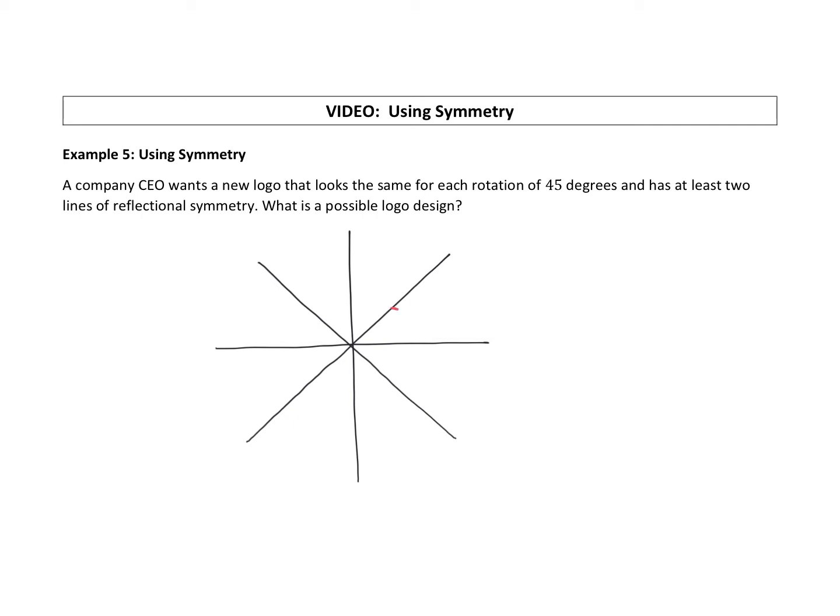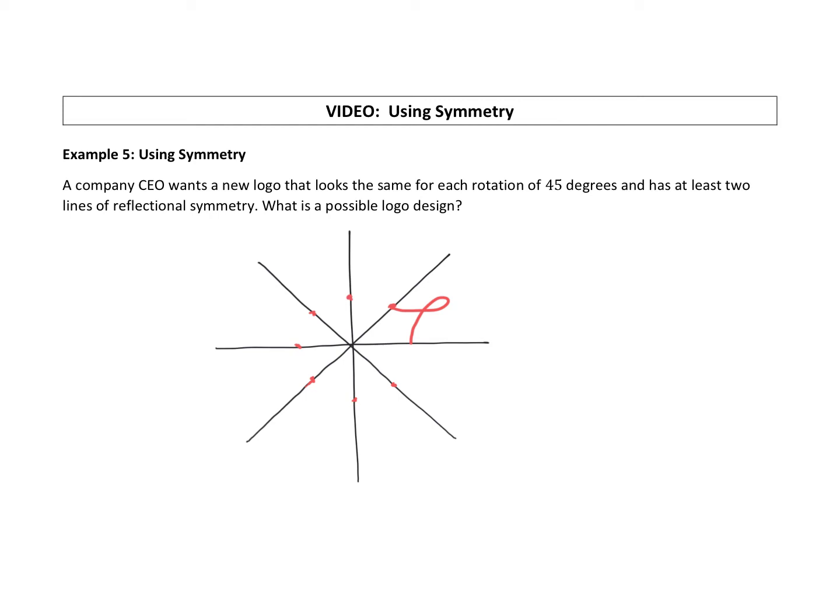I just started with a little swirl like that. You could draw anything, but make sure that you repeat that in your next 45-degree section. Maybe I'll even try to map out my starting and ending points. I'm eyeballing that, but all of these points are the same distance from the center, or I tried to make them the same distance.